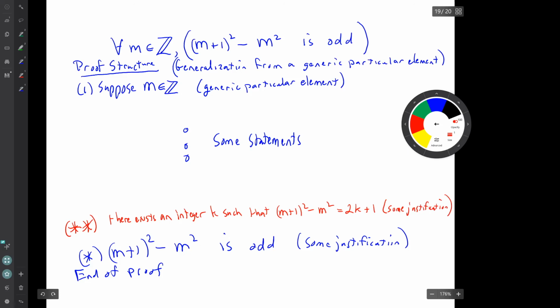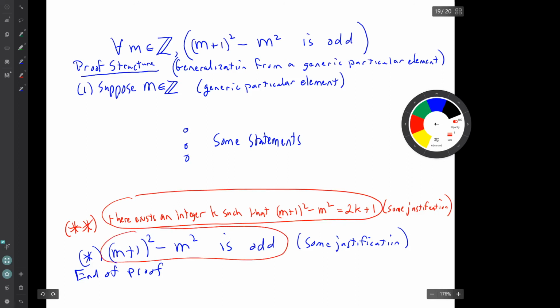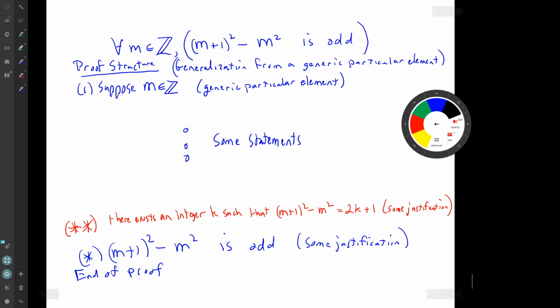So we know that the previous statement is going to have to be this big statement, because that's what it means to say that that expression is odd. So we have no choice about that red statement having to be there. We don't know how we're going to justify that statement, but we do know how we're going to justify the last statement of the proof. So we can change this, and now we know how the last statement is going to be justified.